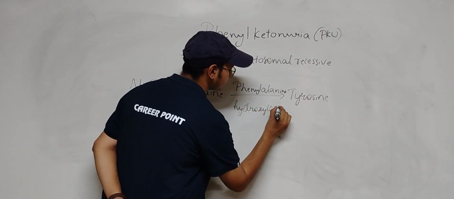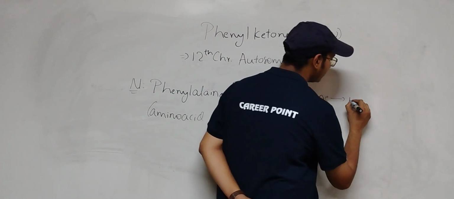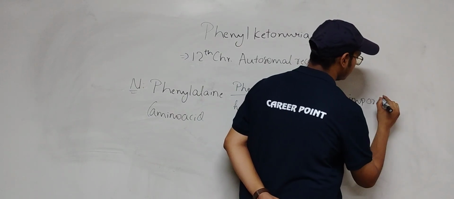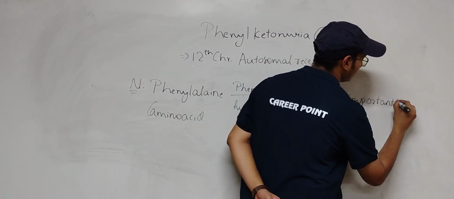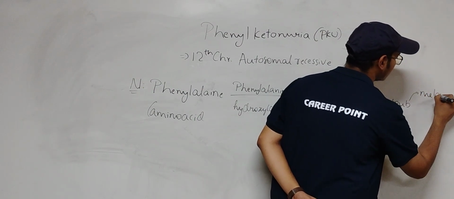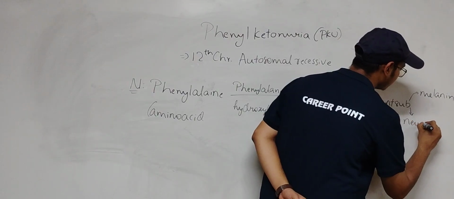Phenylalanine hydroxylase converts phenylalanine into tyrosine, and this tyrosine produces many important substances like melanin and many other neurotransmitters.